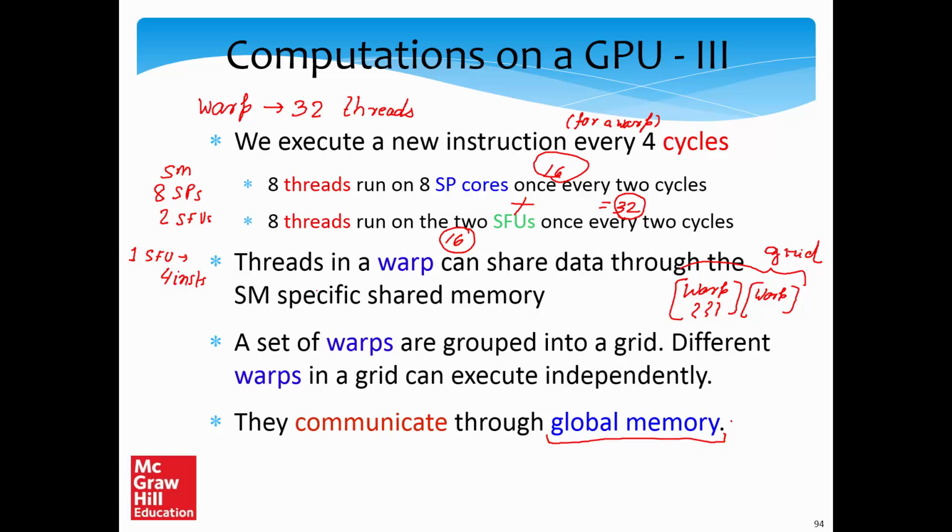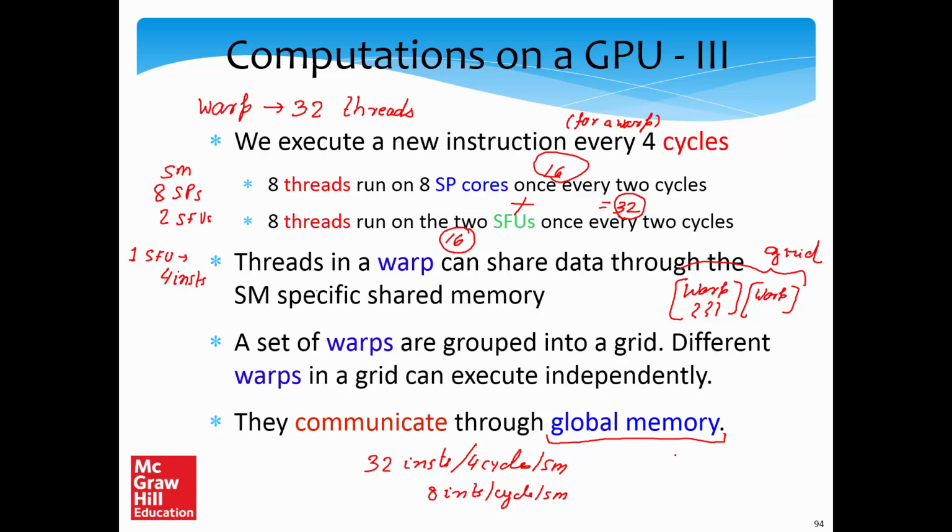So just to give you one more idea of the net throughput that we are talking about, here we have said 32 instructions per 4 cycles per SM. So this is essentially 8 instructions per cycle per SM.